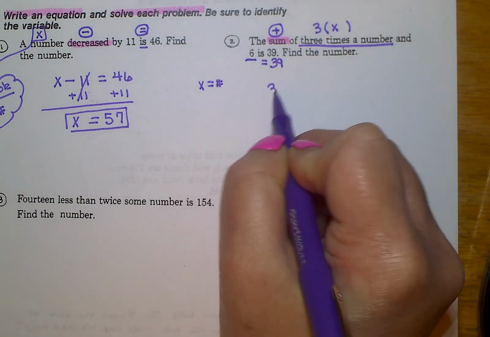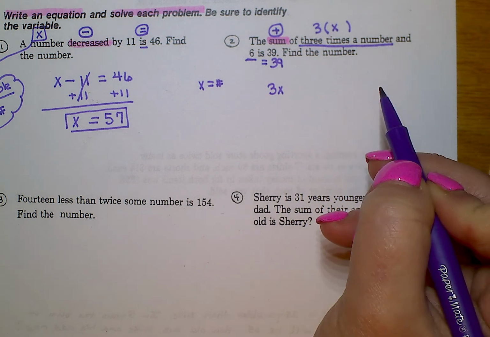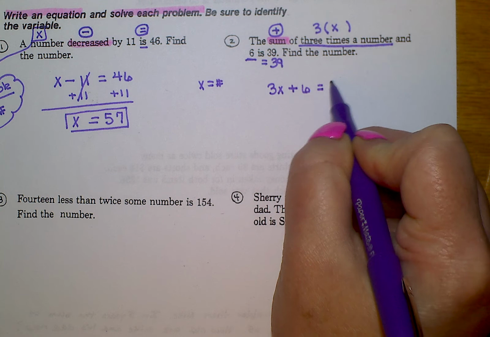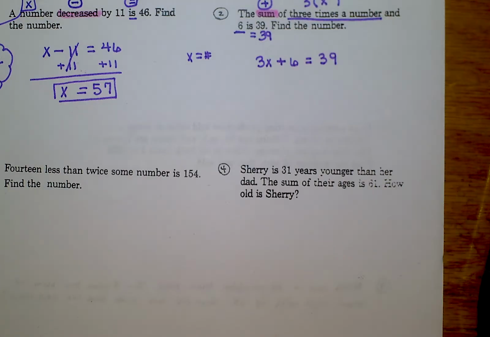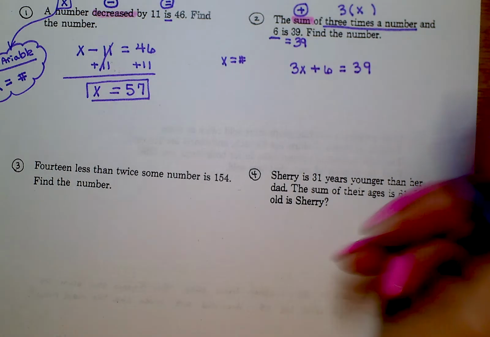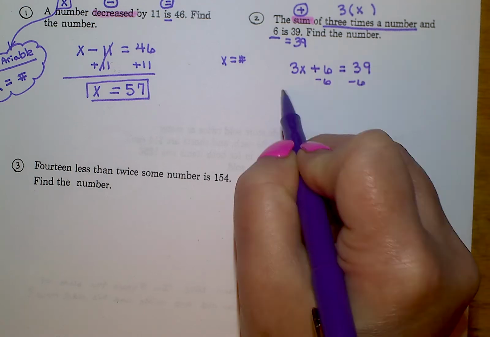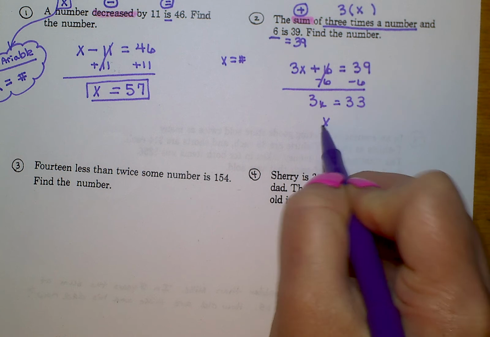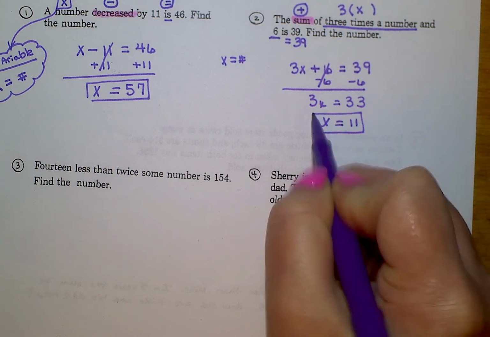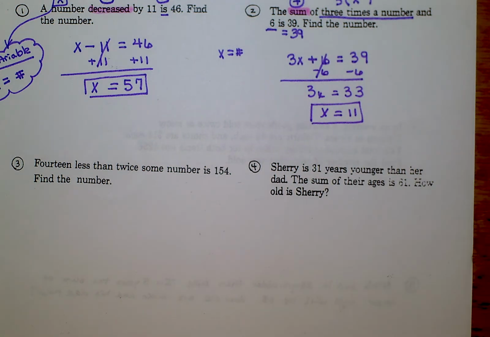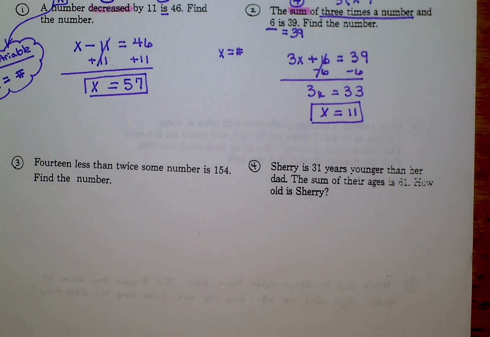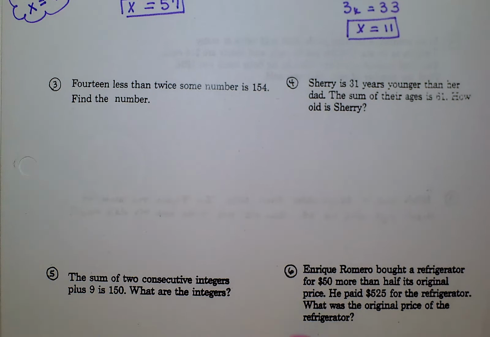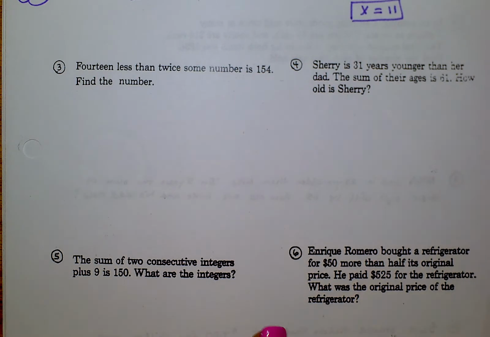So we have 3 times a number plus 6 is equal to 39. Now solve. Subtract 6. You get 33. Divide by 3, so X would be 11. You should remember these from maybe pre-algebra. So we're working with easier problems and moving ahead, okay?